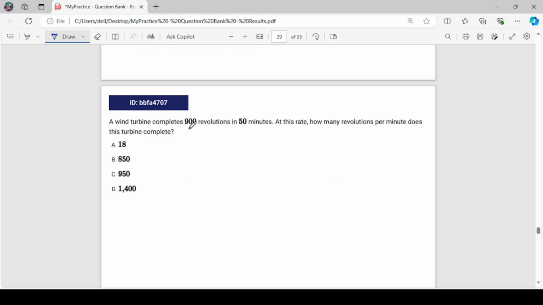A wind turbine completes 900 revolutions in 50 minutes. At this rate, how many revolutions per minute does this turbine complete? My approach to solving these questions is that I make two rows, one for revolutions and one for minutes. They asked for revolutions per minute, so 1 minute, and let's call the unknown x.